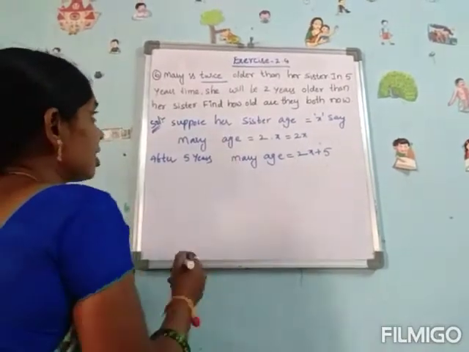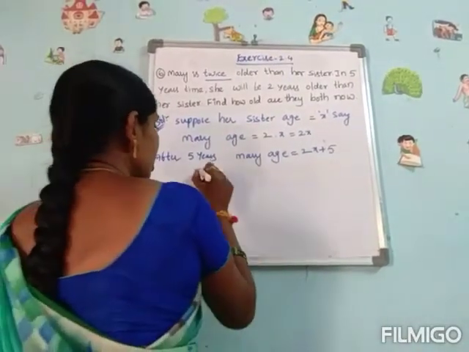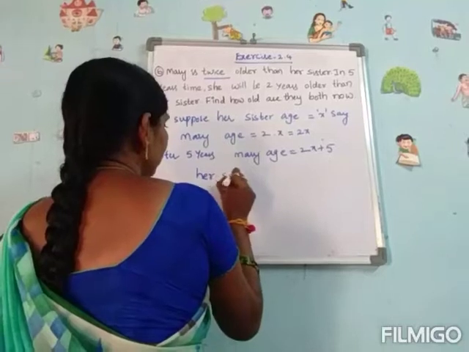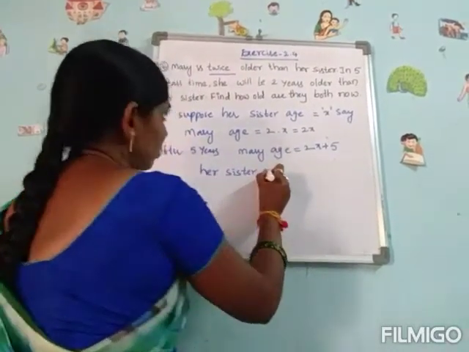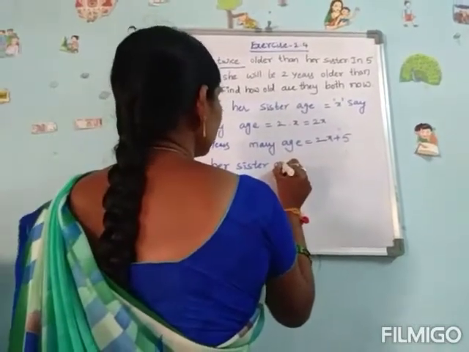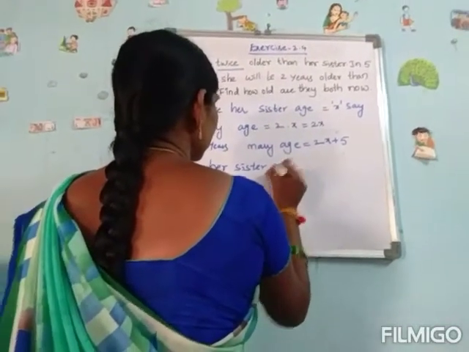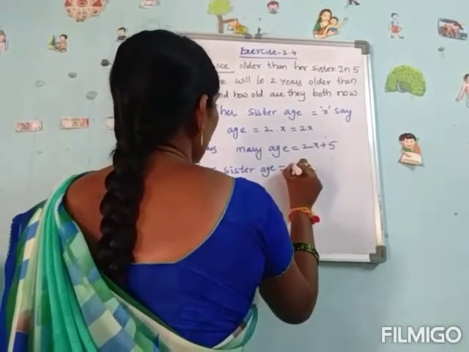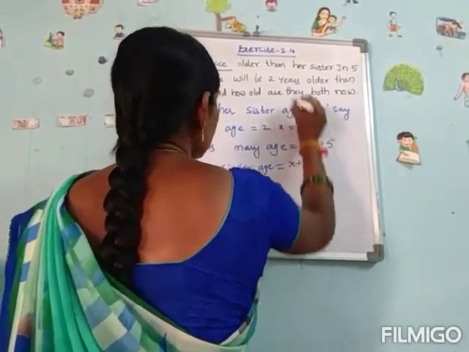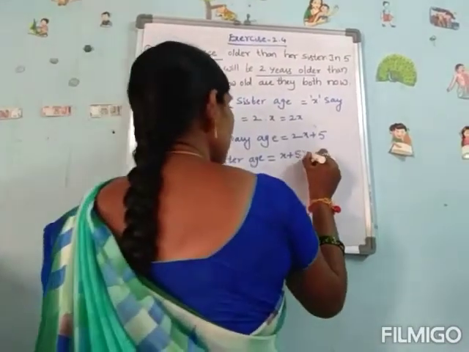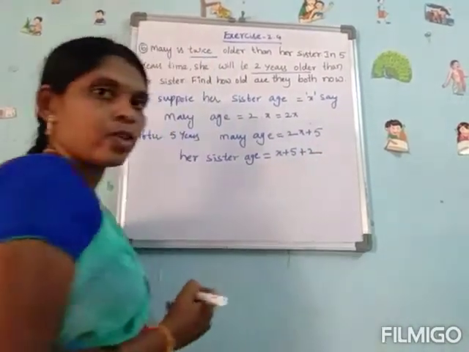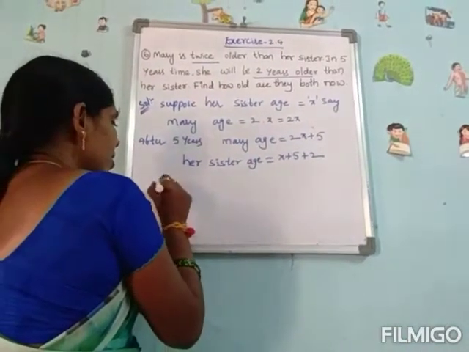Next, her sister's age is x plus 5, and also 2 years older than her sister's age. So that's why we should add plus 2. Then what are we getting according to the problem.